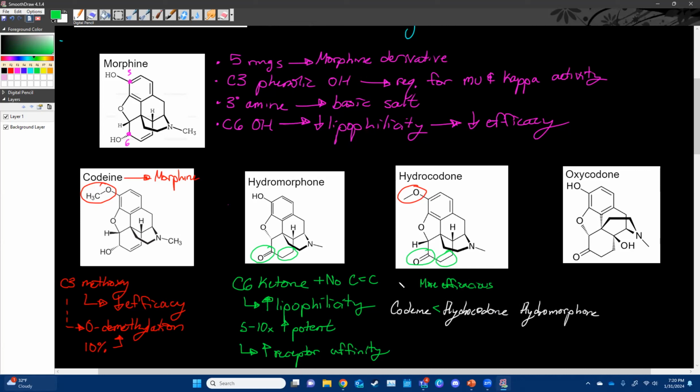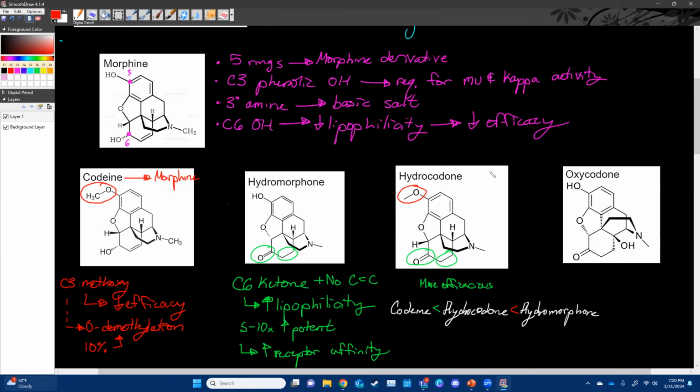Because having that ketone increases lipophilicity and it makes it have better affinity. But hydrocodone would have less efficacy than hydromorphone. Why? Because remember that the C3OH is required for mu and kappa activity.